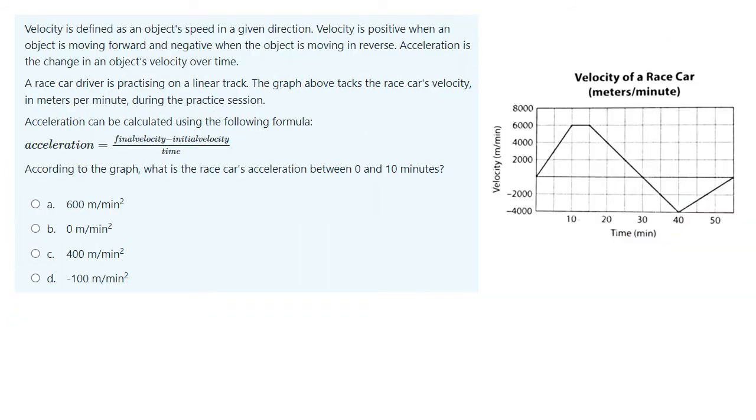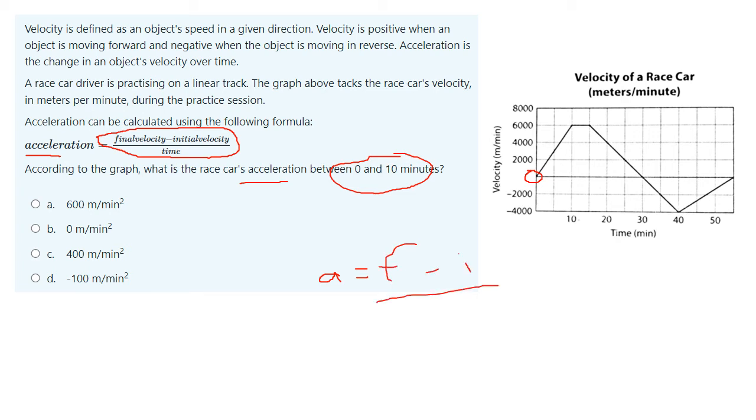According to the graph, what is the race car's acceleration between 0 and 10 minutes? How do we work out the acceleration? Well, acceleration is equal to the final velocity minus the initial velocity, divided by the time. So at 0 minutes, the velocity is 0. So we are minusing 0.